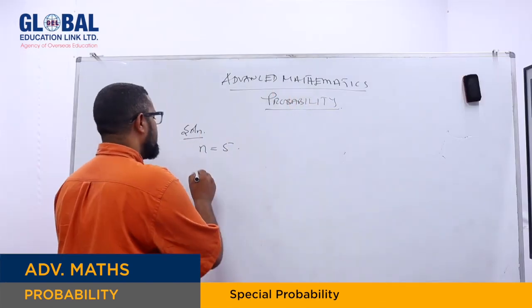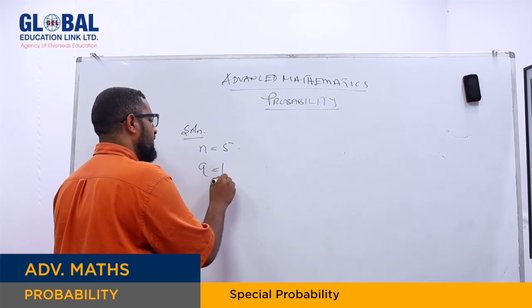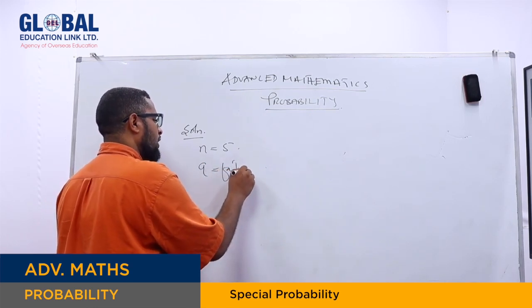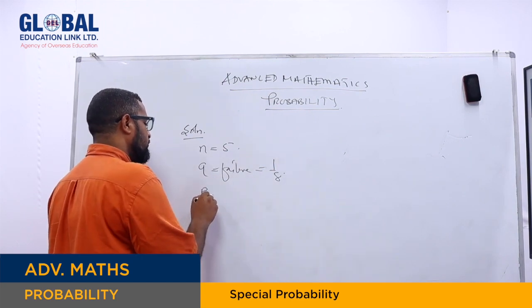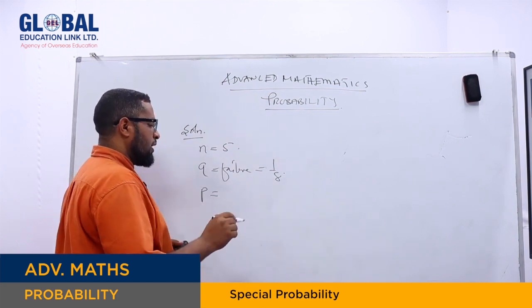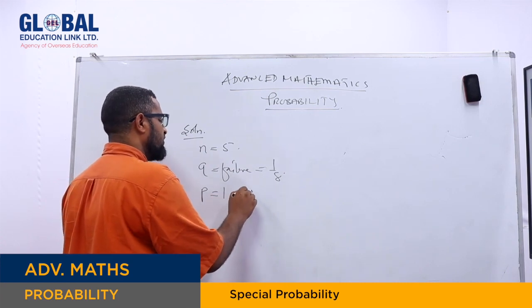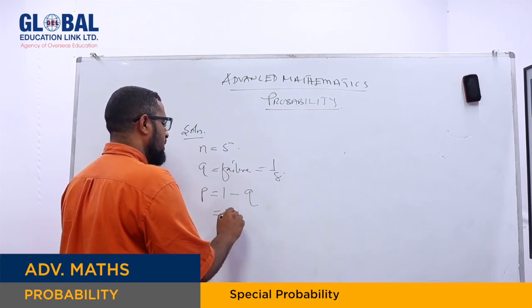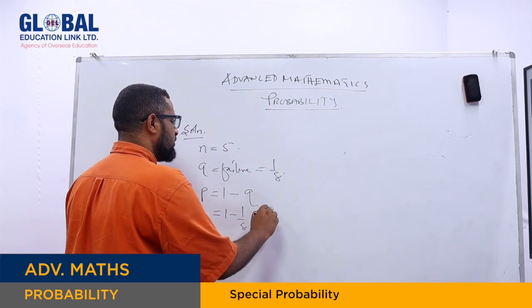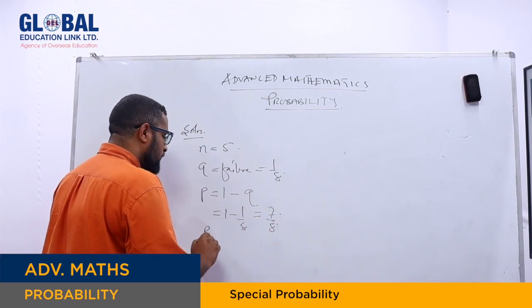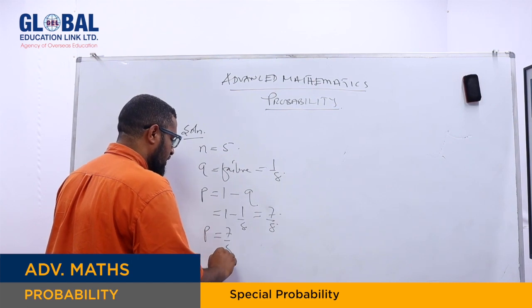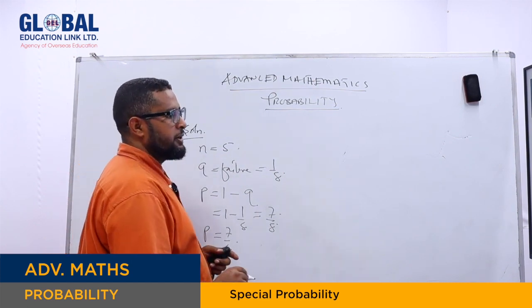So this is q, the probability of failure, equal to 1 over 8. Then how are you supposed to find the p? Hope you remember. The same as taking 1 minus q. So it is 1 minus 1 over 8, which is equal to 7 over 8. So probability of success is 7 over 8, my dear student.